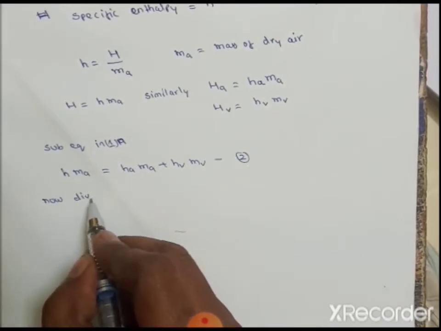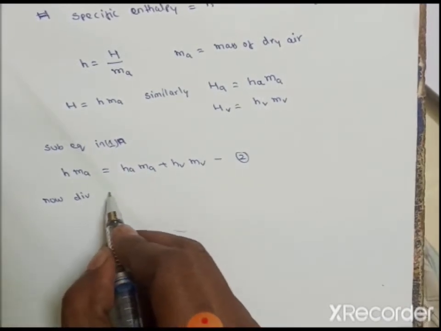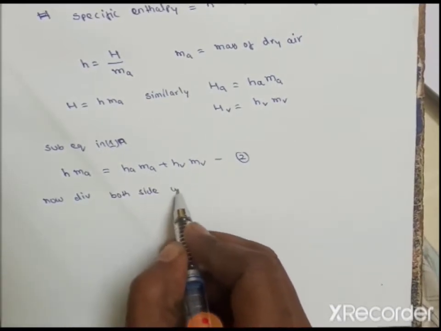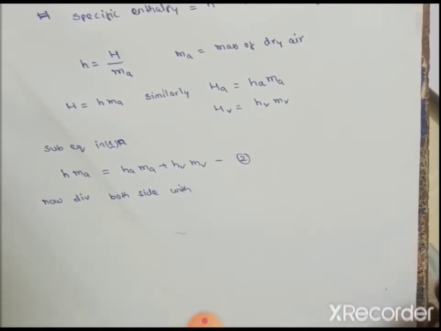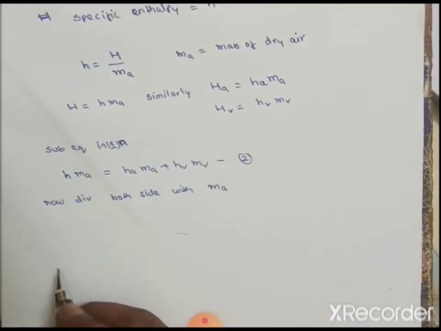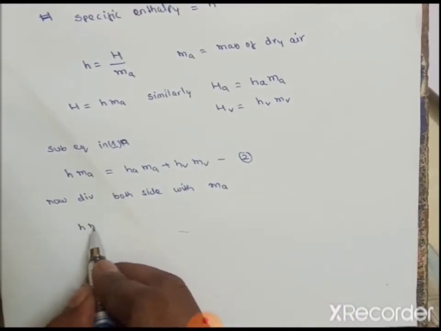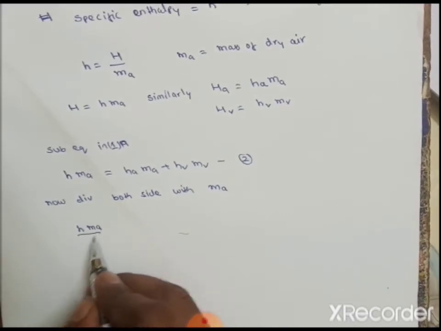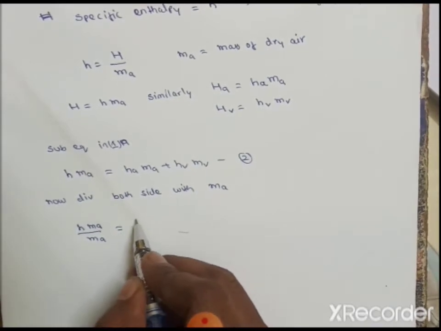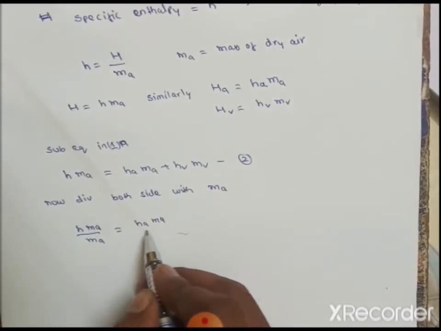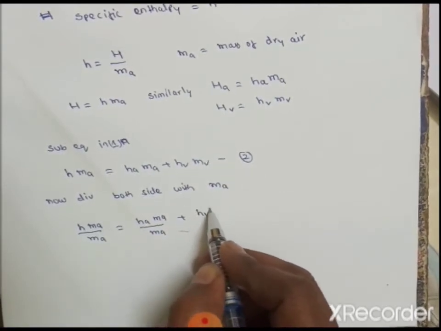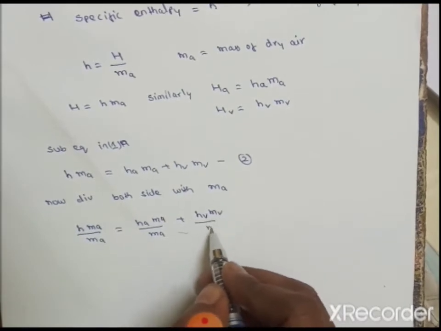Divide both sides with ma. So H ma divided by ma is equal to HA ma divided by ma plus HV mv divided by ma.